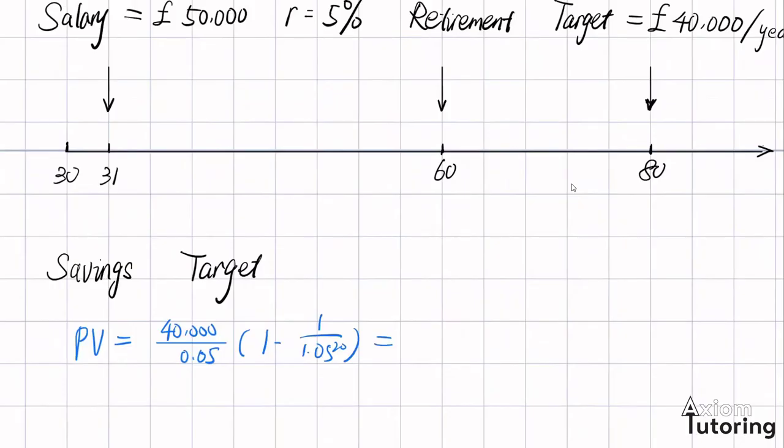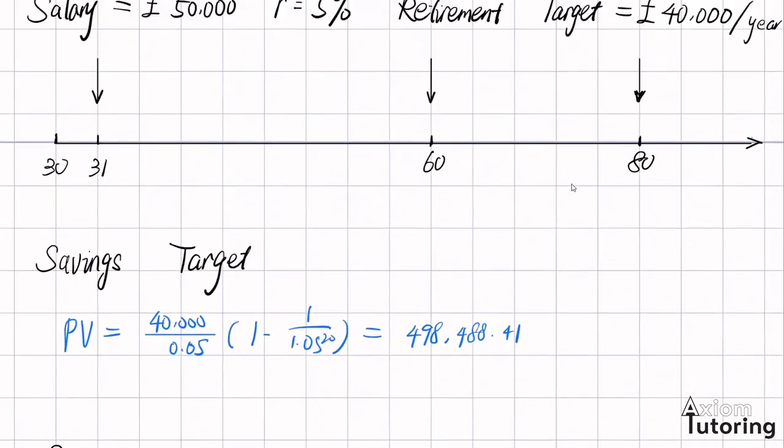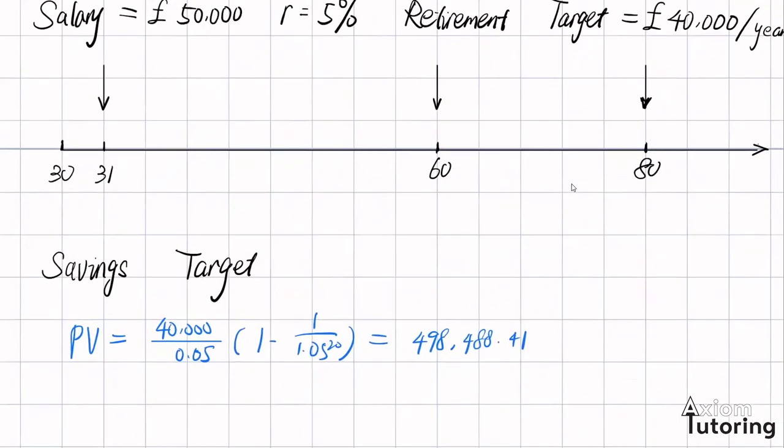And that's going to give us the number of 498,488.41, and that's the savings I should have saved at the age of 60.